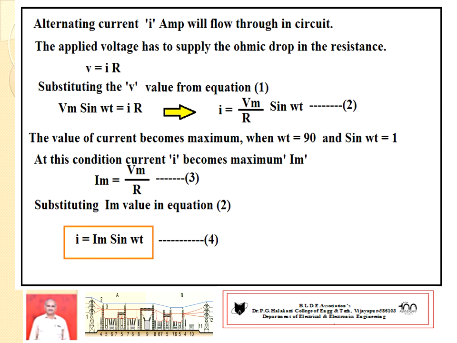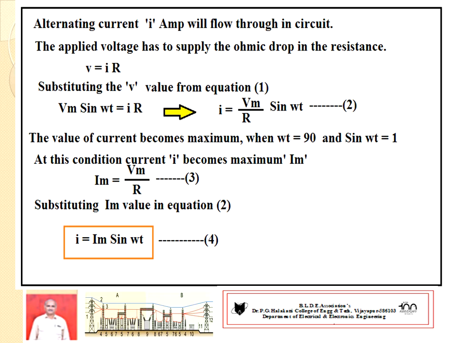The alternating current i ampere will flow through the given electric circuit. It is observed that the applied voltage v is available across the resistance.